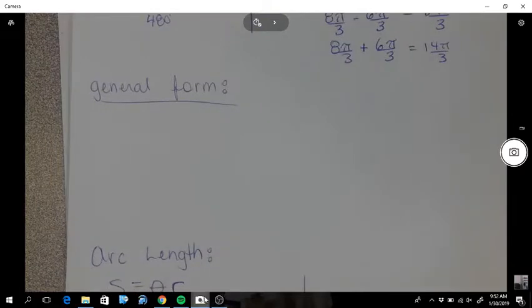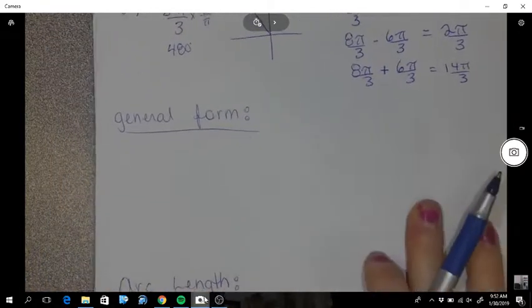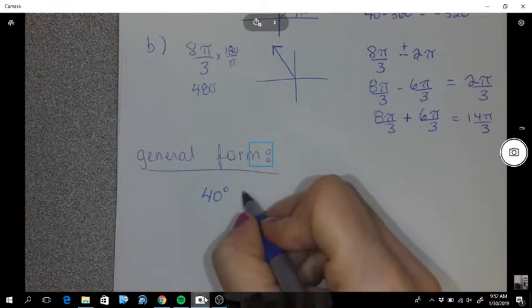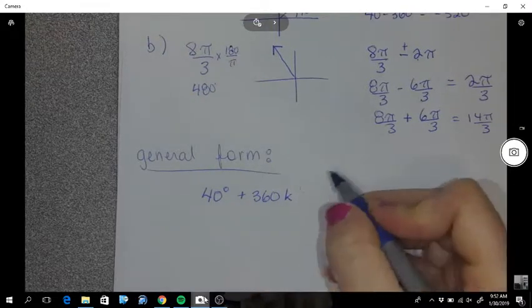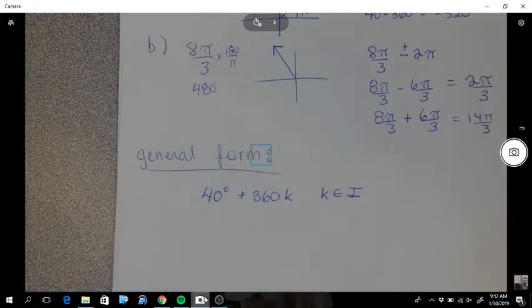So how do we write that in general form? You could have had 40 degrees plus 360k and indicate that k has to be an integer.